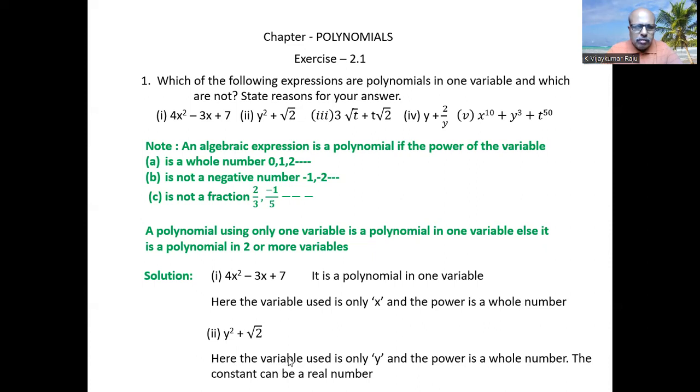The constant can be any real number. It can have roots, cube roots, or fractions, whatever it is. Therefore, this is also a polynomial in one variable. The only variable used is y and the power is 2.